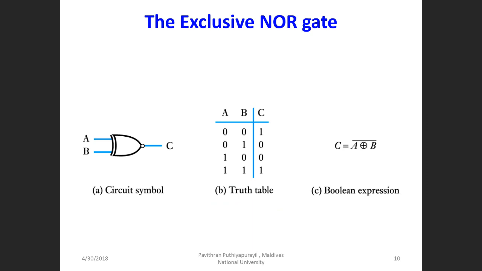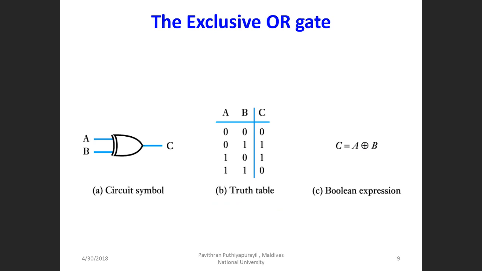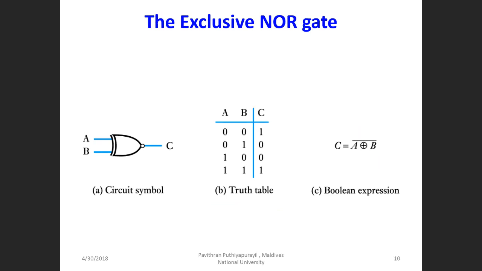Then exclusive NOR. Previously we discussed this is your exclusive OR. If we put a bar over the exclusive OR, you will get exclusive NOR.